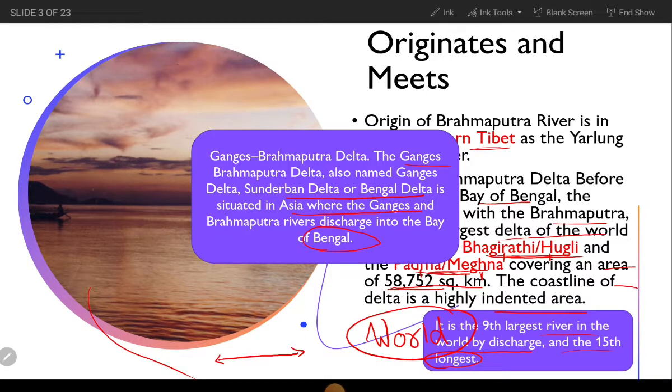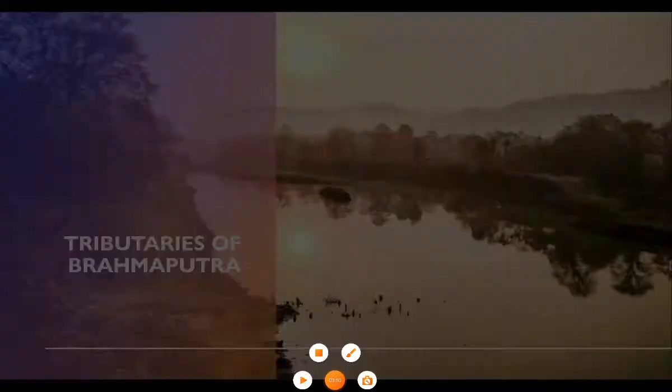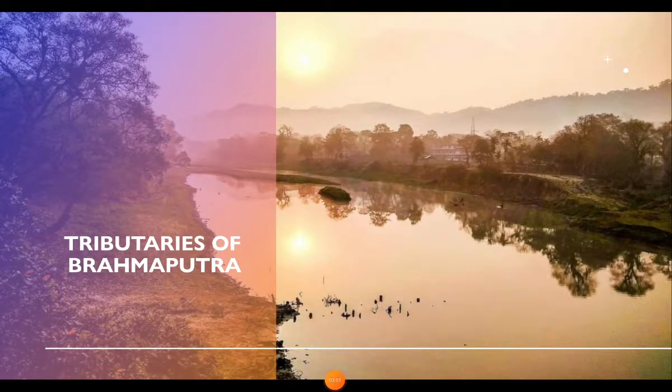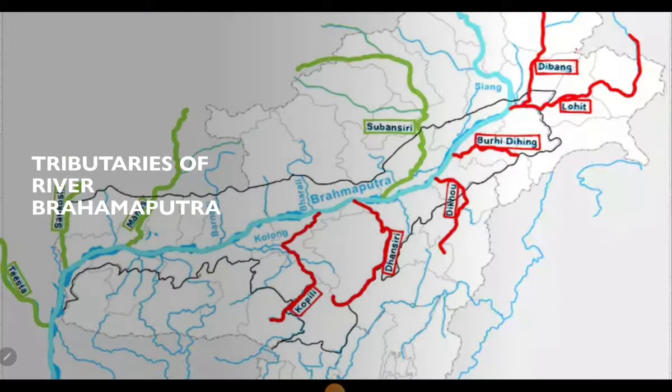Now we'll see the tributaries of the Brahmaputra river. The tributaries, as you can see, are Dibang, Lohit, Burhi Dihang, Dikou, Dhansiri, Kopili, Tista, Sankosh, Manas, and Subhansiri.